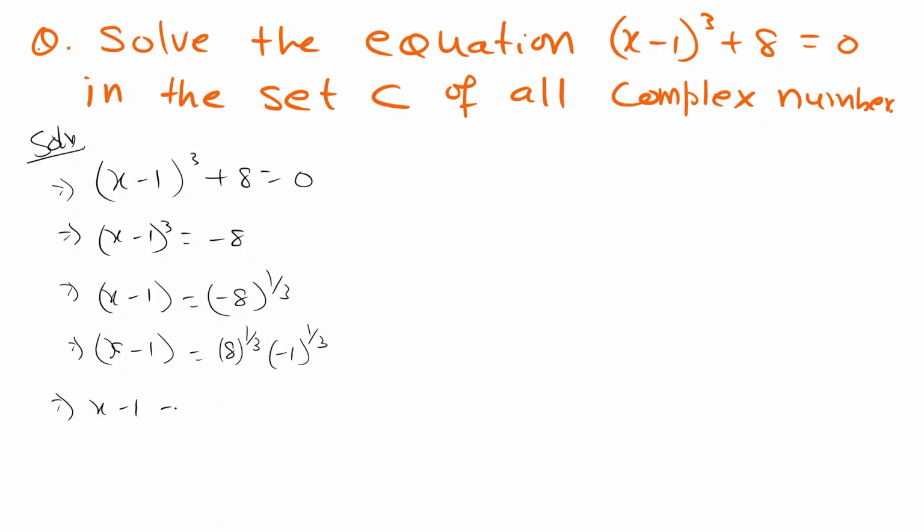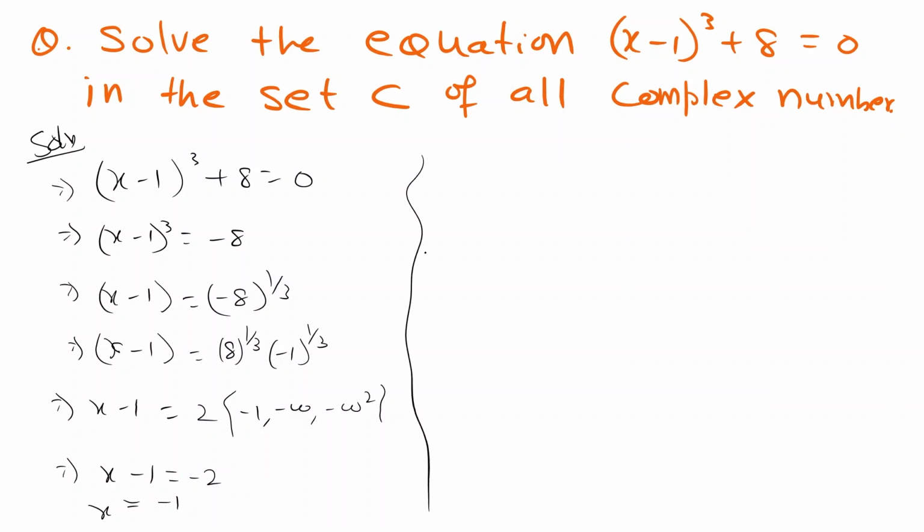So x minus 1, and this one is 2, and this is the cube root of minus 1. So for the cube root of minus 1, we have 3 values, right? So we have minus 1, minus omega, and minus omega square. So now take them one by one. So x minus 1 is equal to minus 2, so x is equal to minus 1.